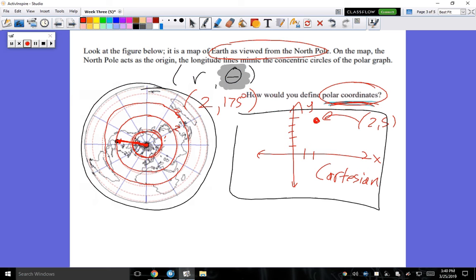Because the very first thing was I rotated my body to face where I was going to walk, and the next thing was it was a positive 2, so I stepped forward 2 units. To get to the same location, let's say I wasn't facing that way, I was facing the opposite direction. What's that opposite direction?